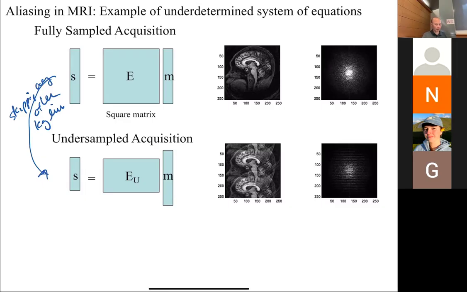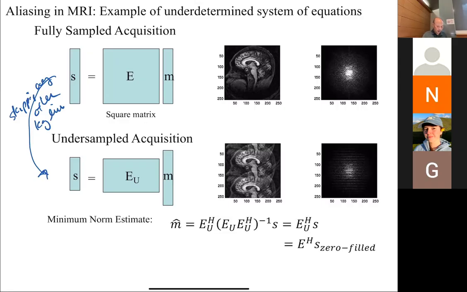Okay. So if you remember from your high school days, when you have an undersampled or underdetermined set of equations, you're going to have lots and lots of possible solutions. Okay. So now the question comes, it's not that you don't have any solution. Now you have too many solutions. And so now the question is, which solution do you pick? And the one that is picked normally is what's called the minimum norm estimate.